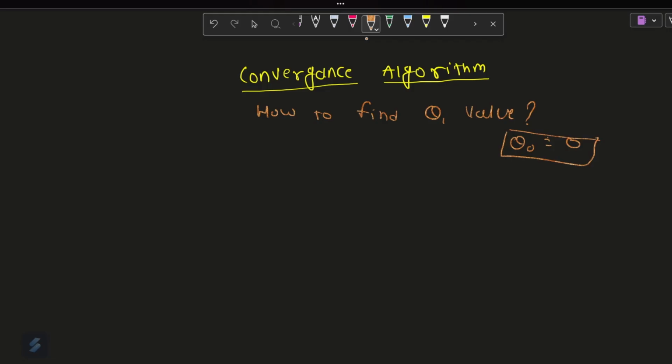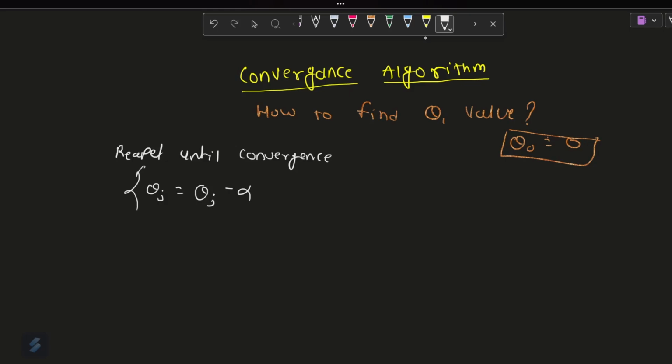And this function will repeat until convergence. We write one statement here: theta j is equal to theta j minus alpha.